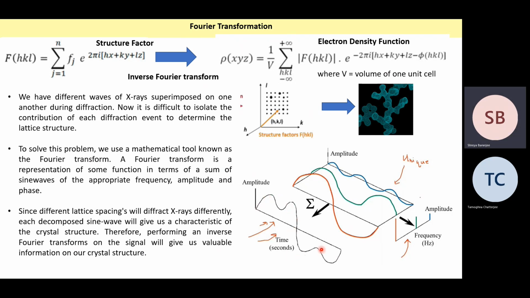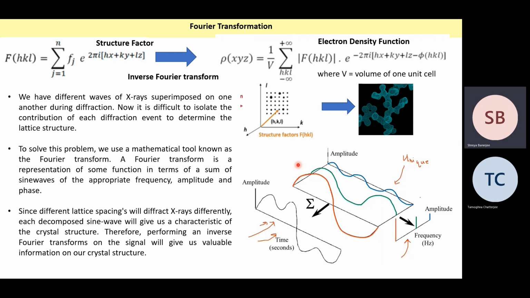If you decompose this wave pattern into 3 component waves in this case, in the case of a crystal, you will decompose it into n component waves. This decomposing of the net wave pattern into the component waves is called the Fourier transformation. And these component waves are all unique, and they will have different frequencies and different amplitudes.